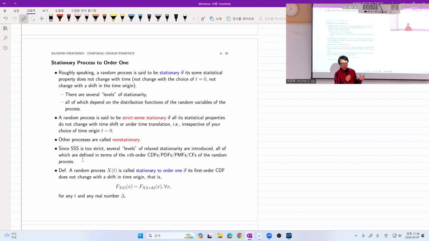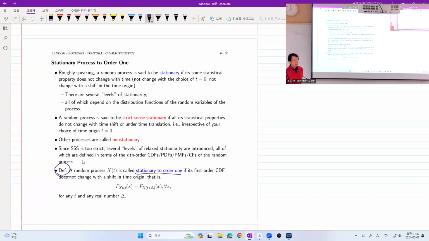Because in order to fully characterize a random process, what did Kolmogorov say? You have to find the first order PDF or CDF or PMF of a random process, second order, third order, and so on. This definition is related to that. So here goes the stationarity to order 1.